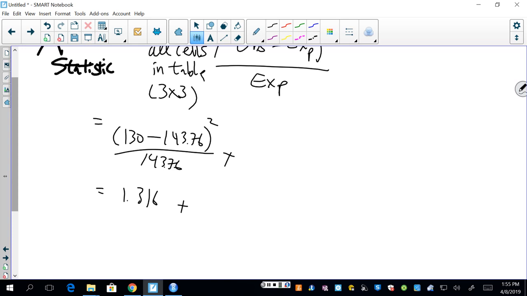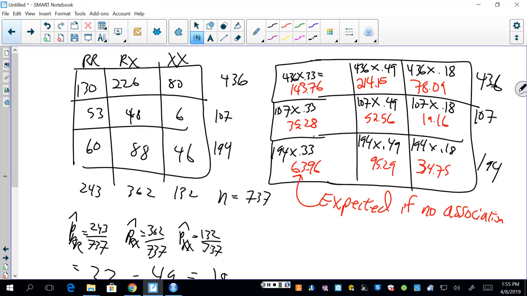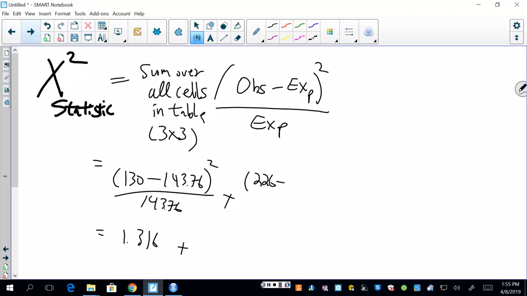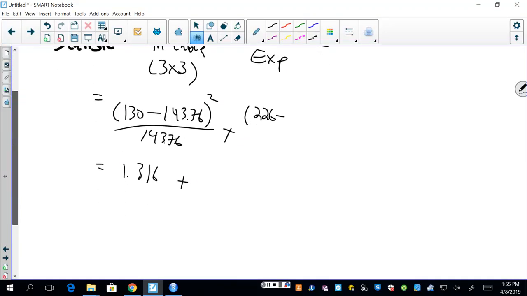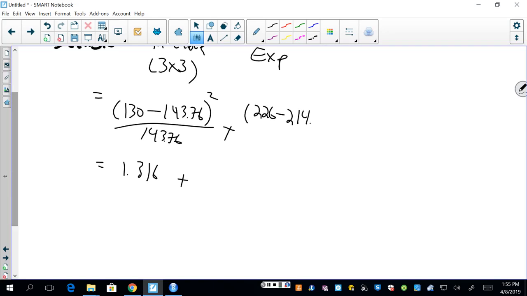All right, then moving over to the next one, the observed number was 226. We expected 214 under that model. So we're going to subtract that, square it, and then divide by 214.15.